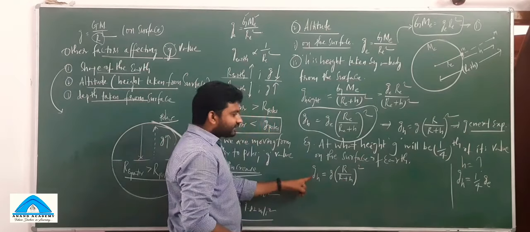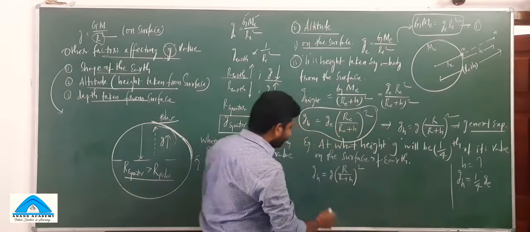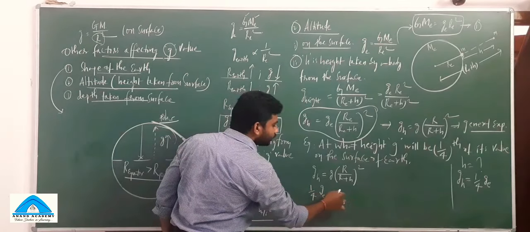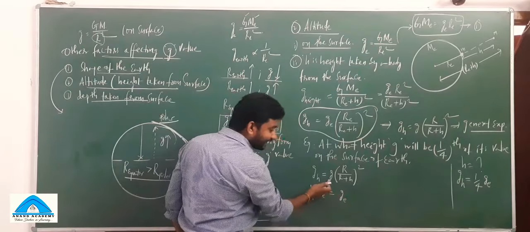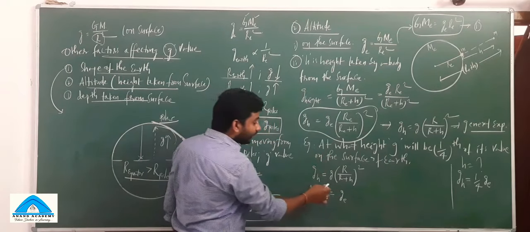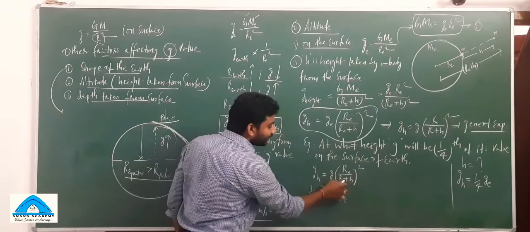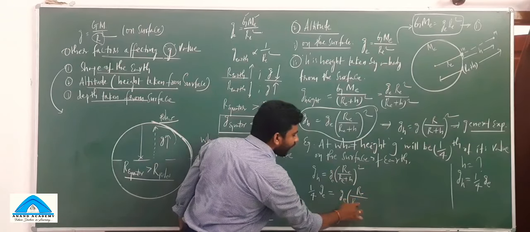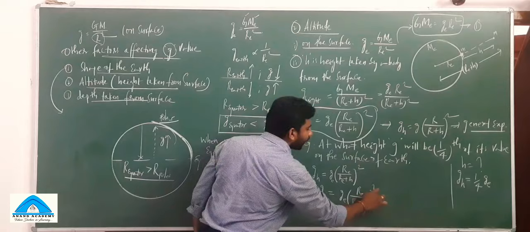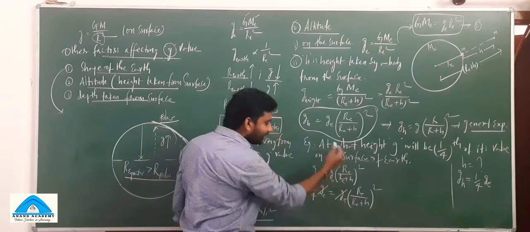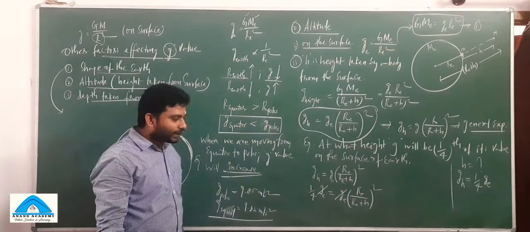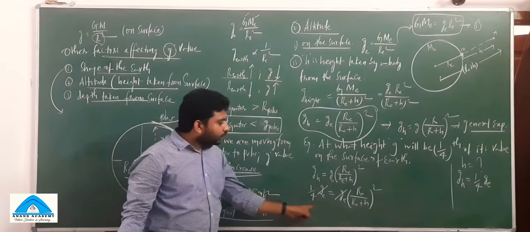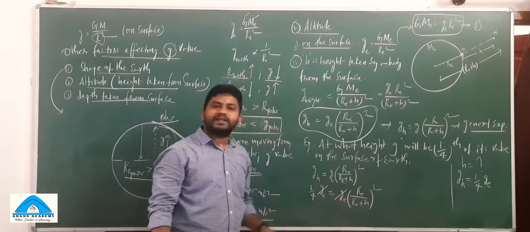What is G suffix H given? 1 by 4 times of G suffix E, this is the acceleration due to gravity on the earth actually. So this is G suffix E into R suffix E divided by R suffix E plus H whole square, and you can see G suffix E and G suffix E get cancelled. Clear. So here 1 by 4 is equal to R by R plus H whole square.